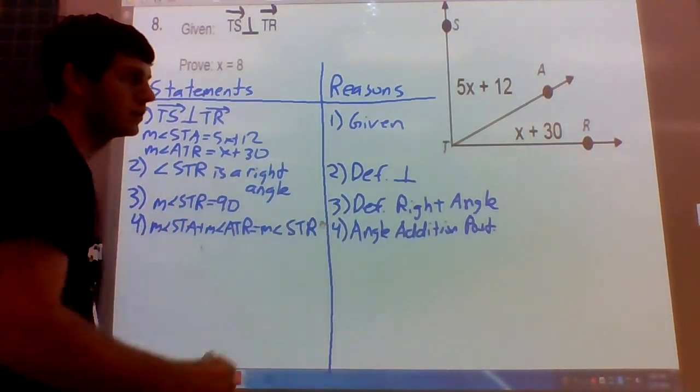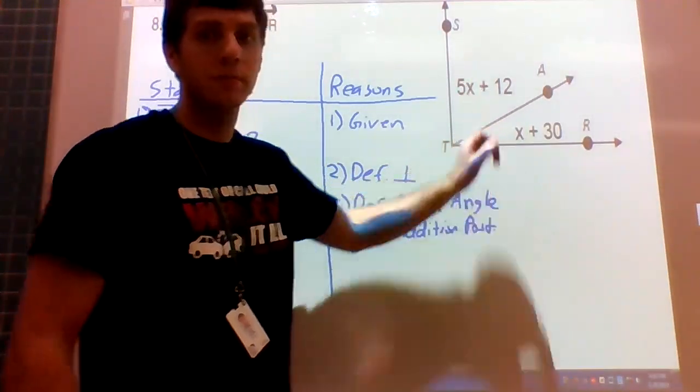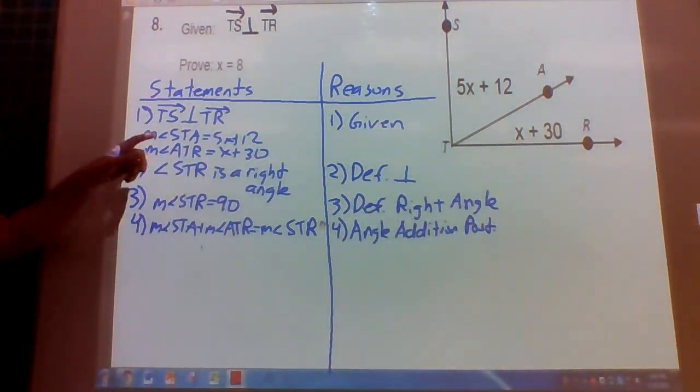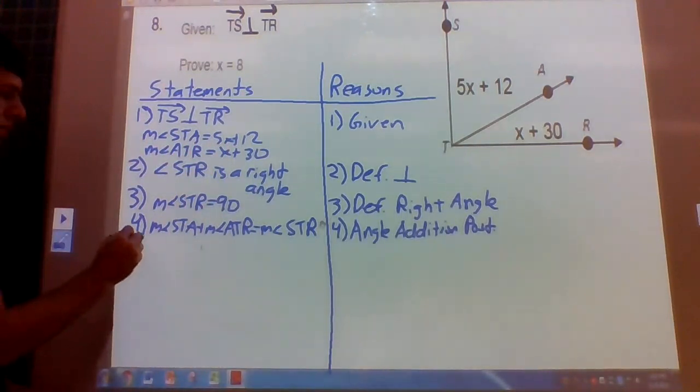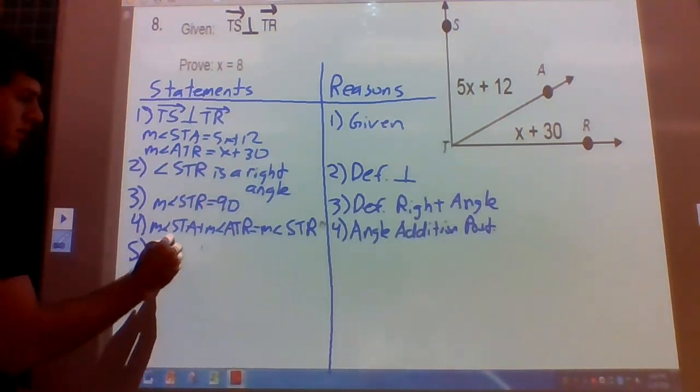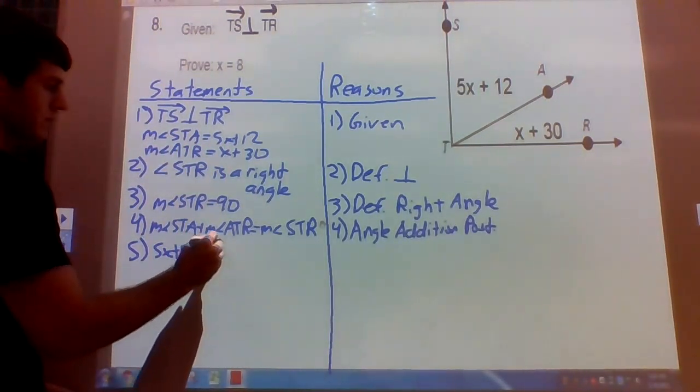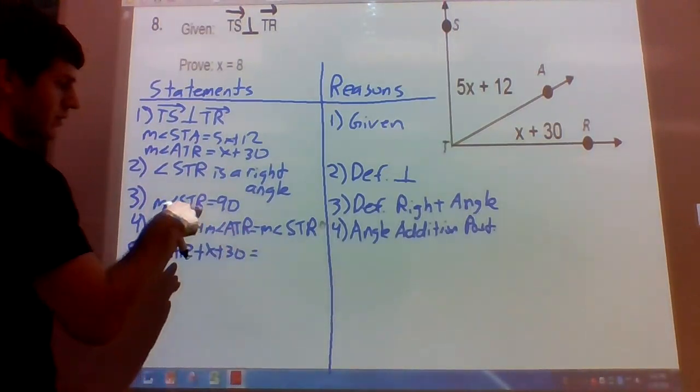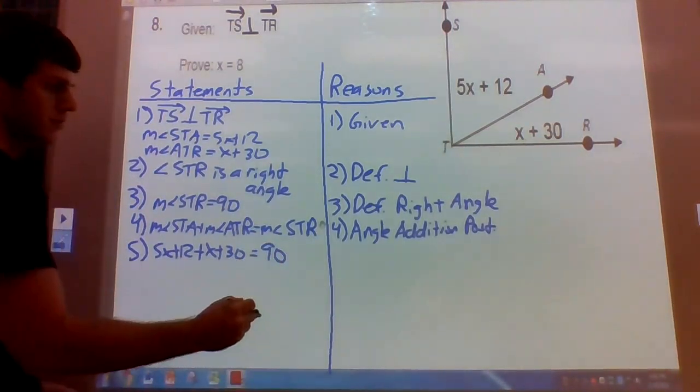The 2 small angles add together to form the big angle. We know the measure of the small angles are 5x plus 12 and x plus 30, and we know the measure of the big angle is 90. So we can substitute all those in.